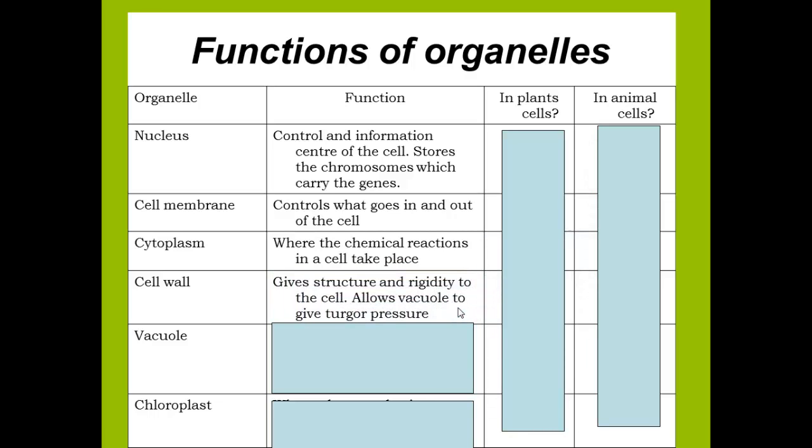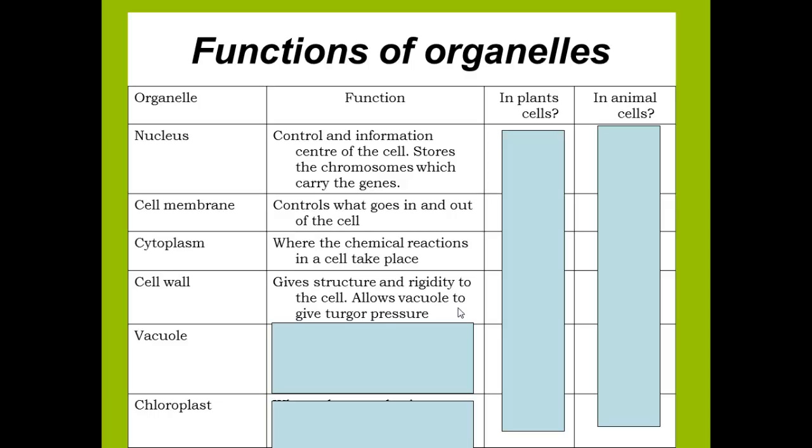Cell wall. It gives structure and rigidity to the cell and allows the vacuole to expand, fill up with water, giving turgor pressure. Just a word about respiration. Now, aerobic respiration does take place in the cytoplasm. Well, sort of. There is actually an extra organelle, which I haven't told you about here, called the mitochondrion.